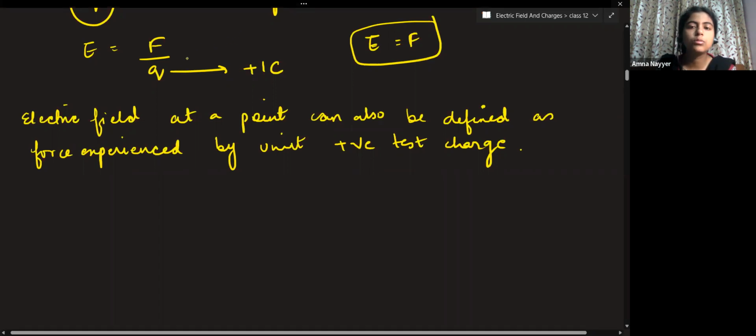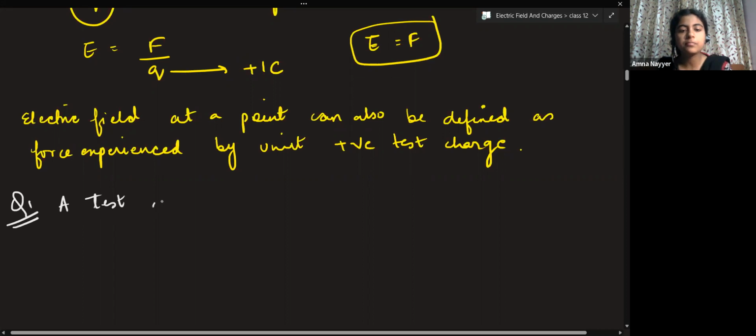Let's do a question based on this. See, if I say a test charge, the magnitude of this test charge is 10 to the power minus 3 coulomb.